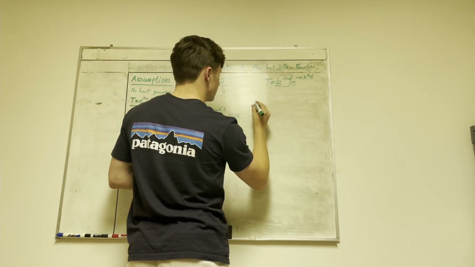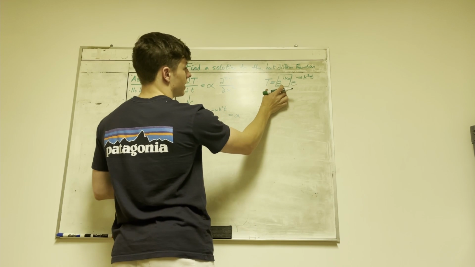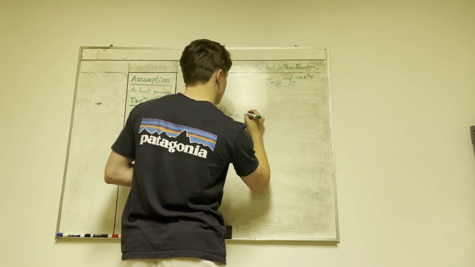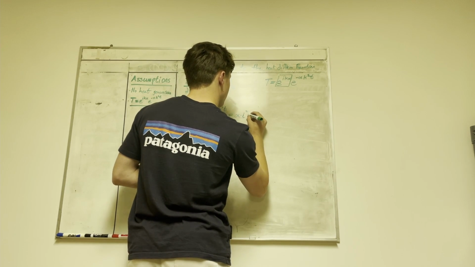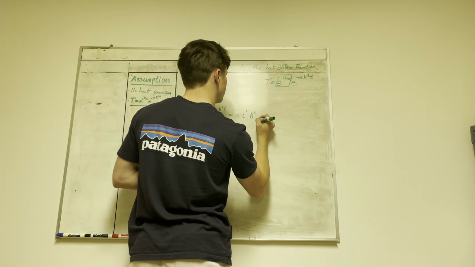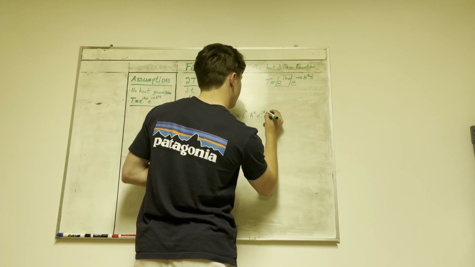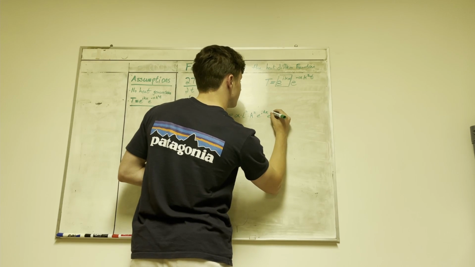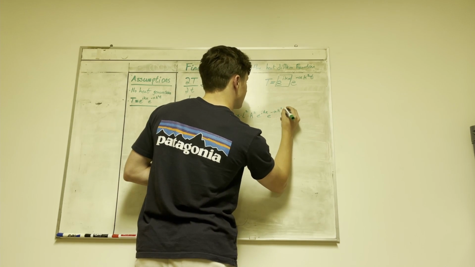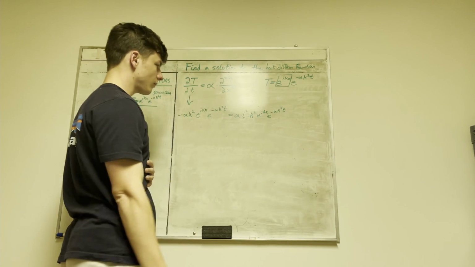You're going to do it twice, so you're basically going to multiply by i squared times k squared, e to the ikx times e to the negative alpha k squared t.